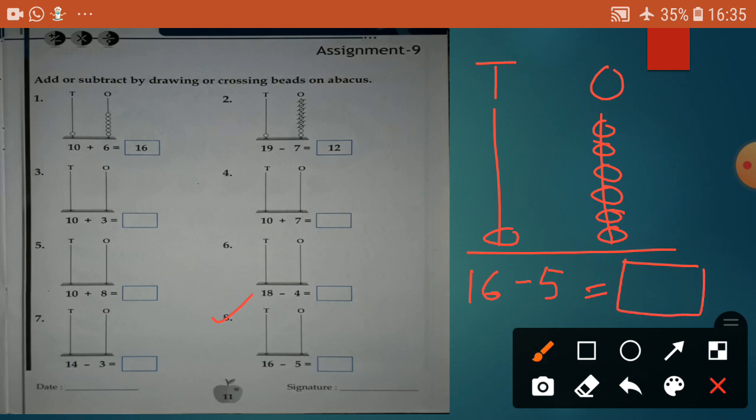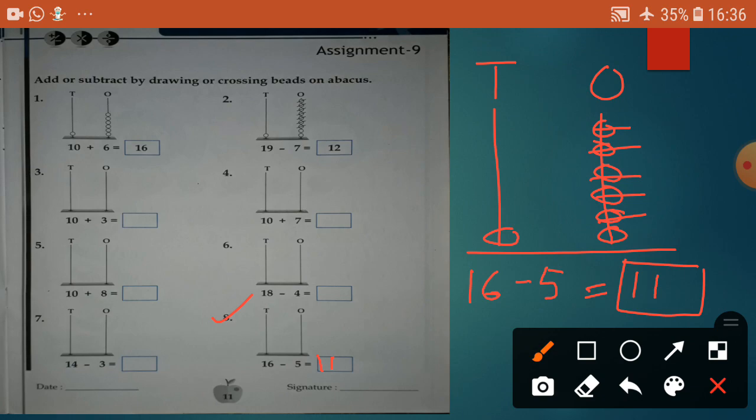So now I am crossing 1 bead, 2 beads, 3 beads, 4 beads, 5 beads. So left 1 ten and 1 one. So 11. You write here the answer 11.